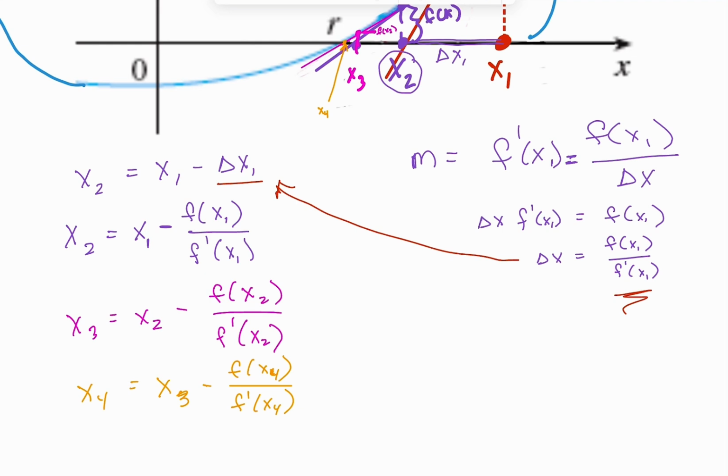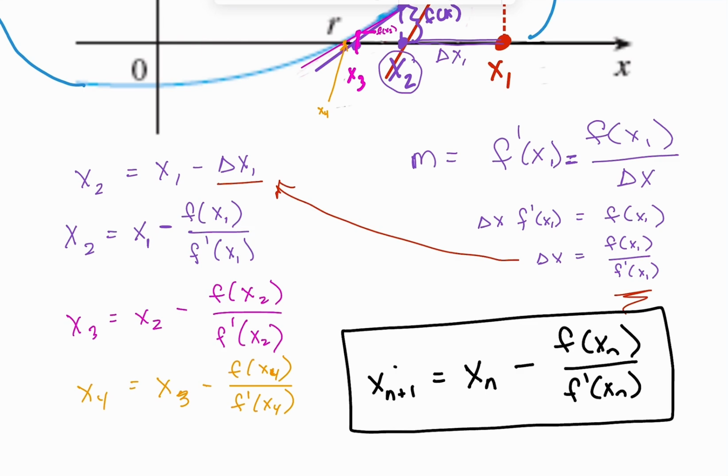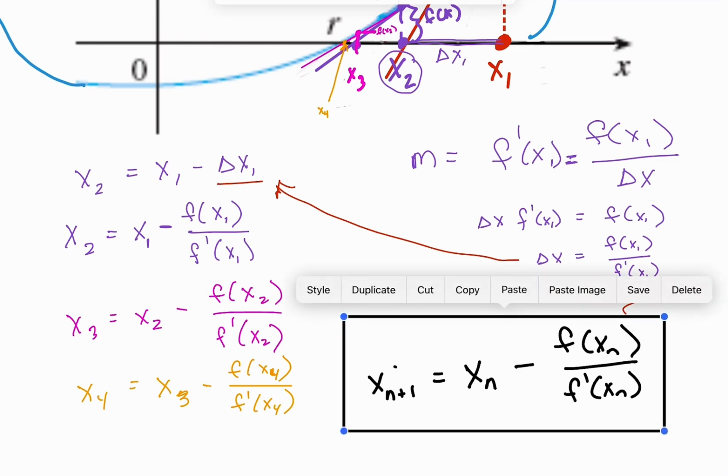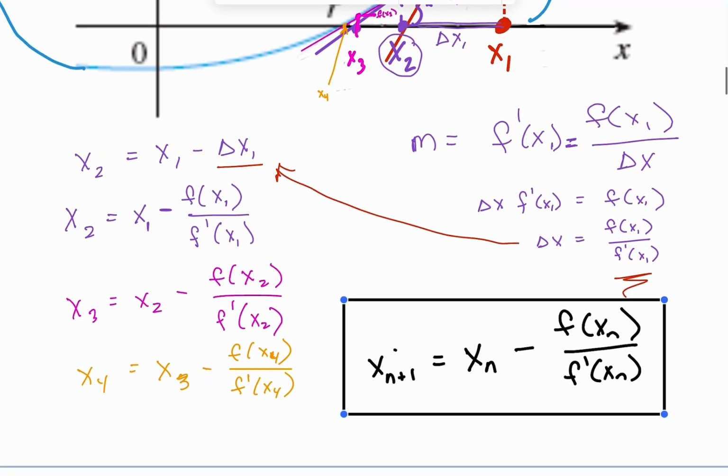If I have xn, I can find the next one by subtracting the function at that value divided by the derivative at that value. So that will give me my next x. I just calculate it over and over again until my numbers converge to one number, and that will be my root. And that is Newton's method.